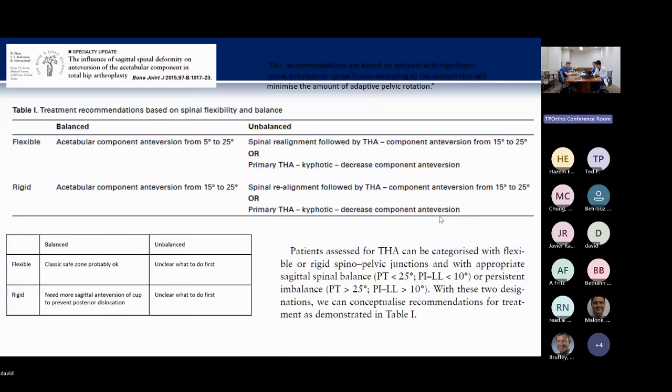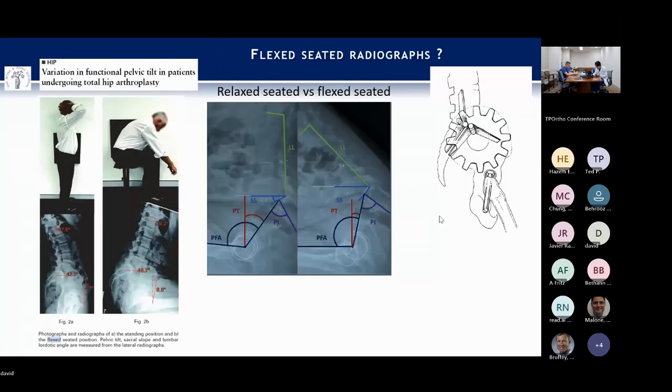But otherwise, in the situation where you do have a balanced lumbar spine, if it's flexible versus rigid deformity, your parameters of where your cup placement may be altered. Some of the recent studies are looking at seated X-rays in the flex position to look at the total pelvic tilt compensation.